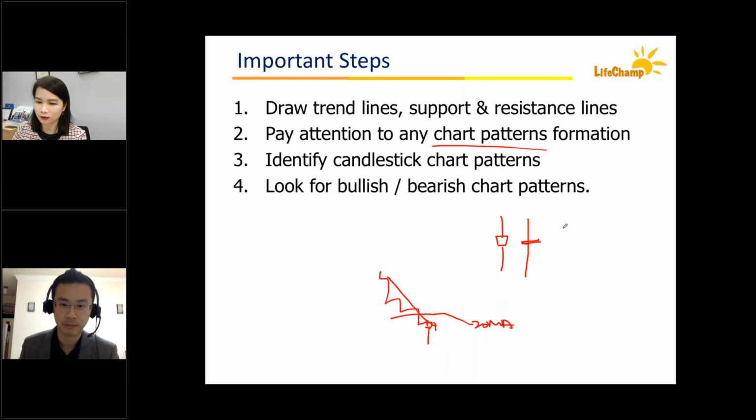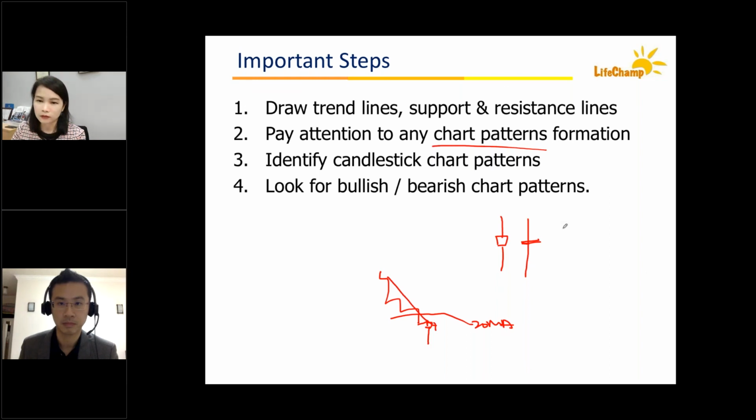I would say that if you want to compare with a trend line and all those chart patterns, candlesticks are actually not very high. It's not like 100% kind of a thing. But if you know it, it's better than if you do not know.